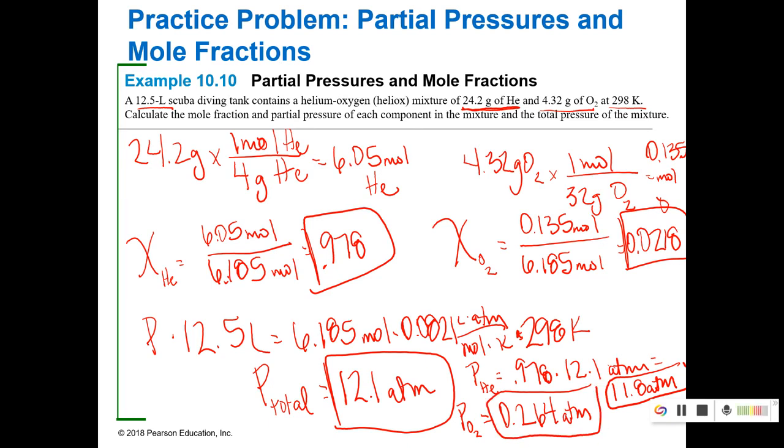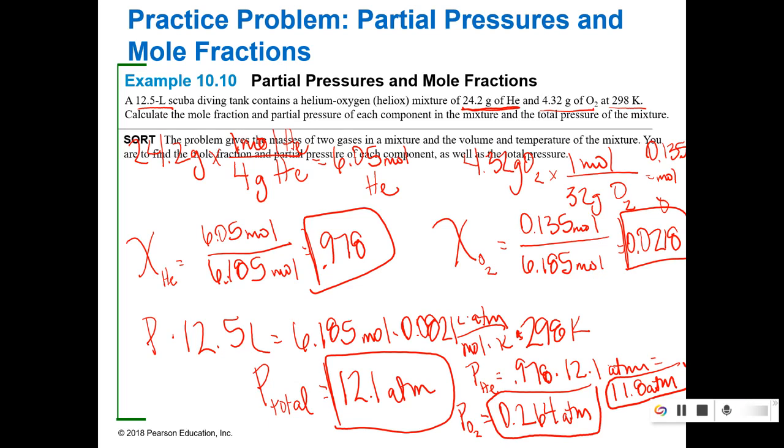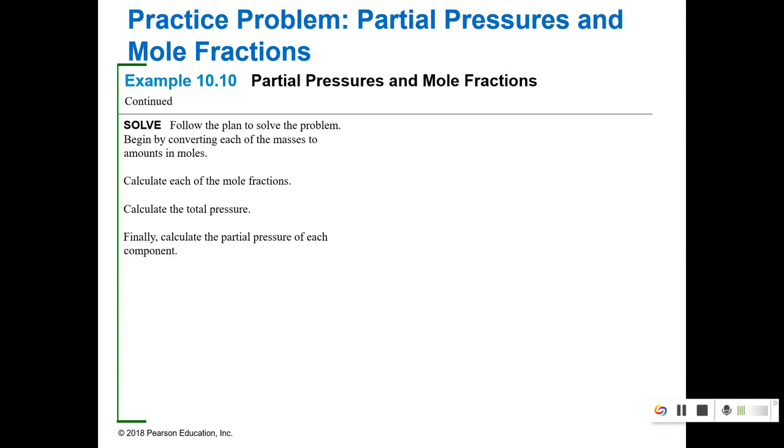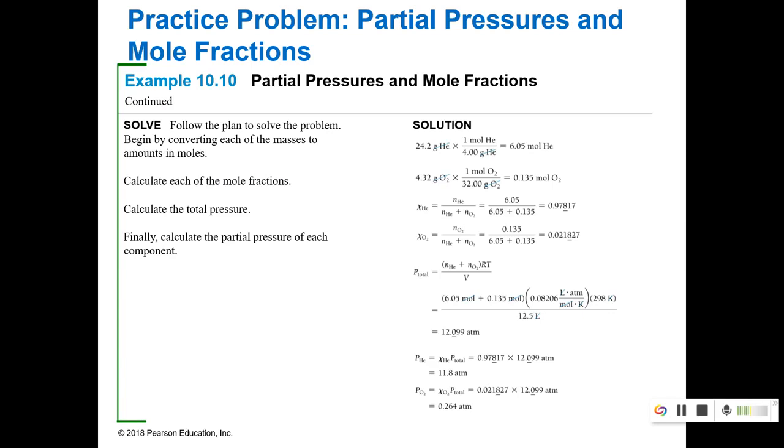Okay, and to make sure at the end those are equal, we could add them back. And it rounds to 12.1. So we're good. We have 0.264, 11.8, and 12.1 for our total, and our mole fractions are good.